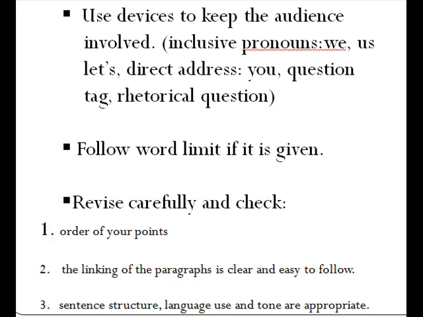But 300 words are enough to score a very high grade. And then revise carefully and check the following. 1. Order of your points. 2. The linking of the paragraphs is clear and easy to follow. And 3. Sentence structure, language use and tone are appropriate.